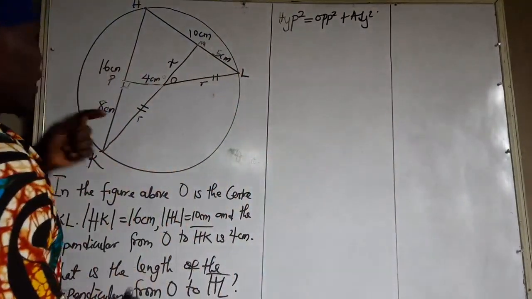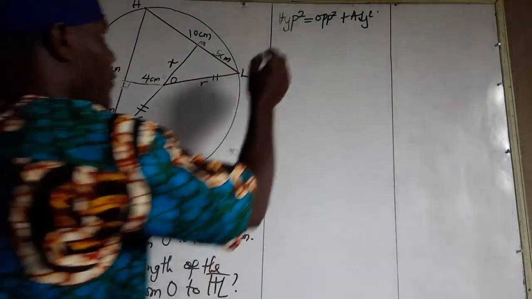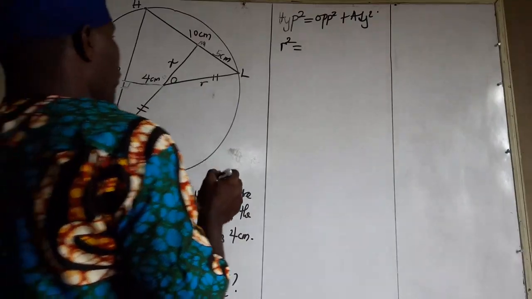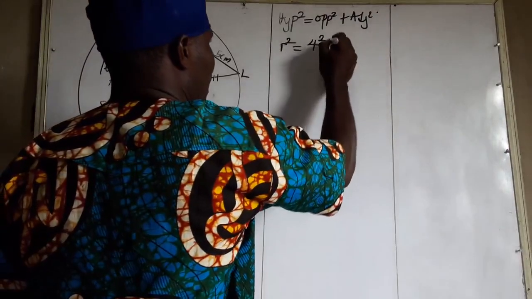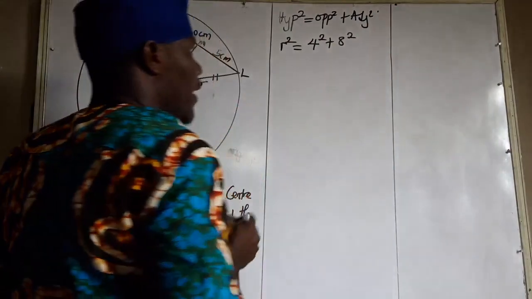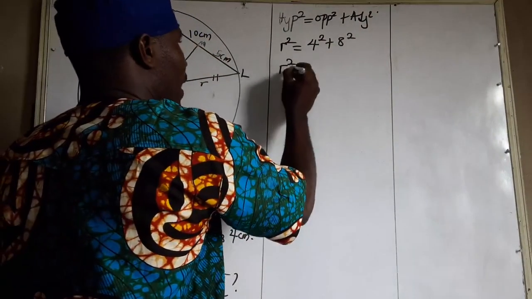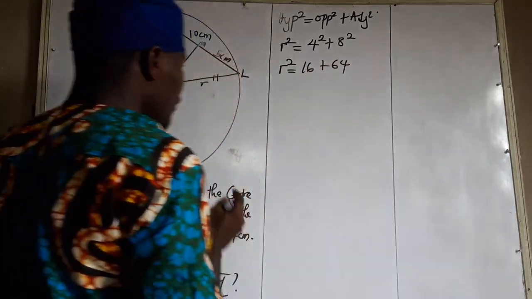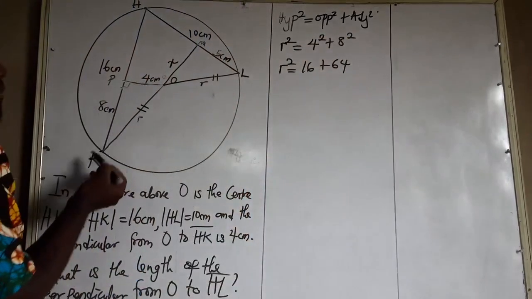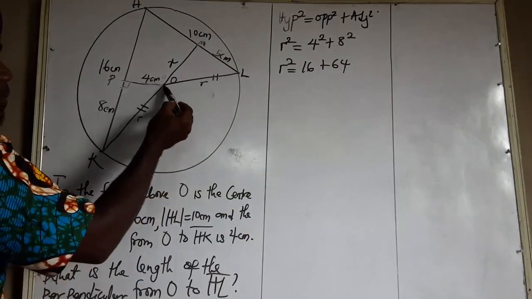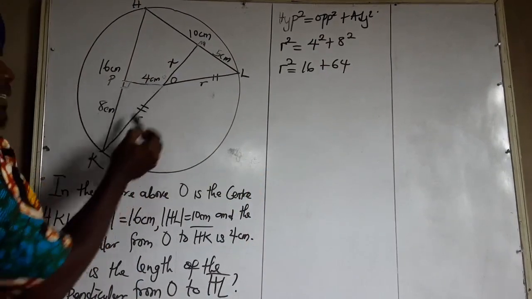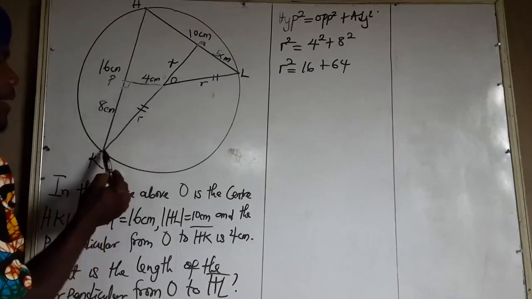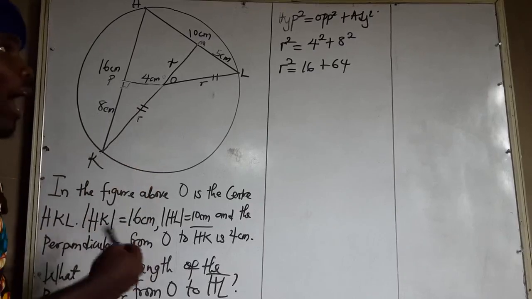The hypotenuse here is R. So we have R squared is equal to opposite squared plus adjacent squared. You can choose any one to be the opposite. We have 4 squared plus 8 squared, so R squared is equal to 16 plus 64. How do we get all this? As explained before, the radius is the side that faces the right angle, and any side that faces the right angle is called the hypotenuse.